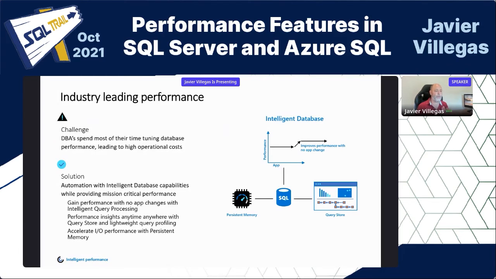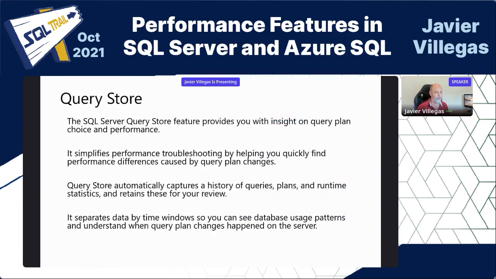To start with that, we're going to be focusing first on Query Store. How I like to define Query Store is like the black box on planes that keeps track of everything related to a particular flight. Well, this is kind of the same, but for a user database.